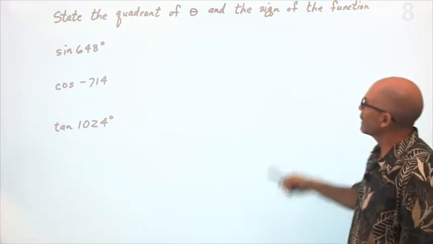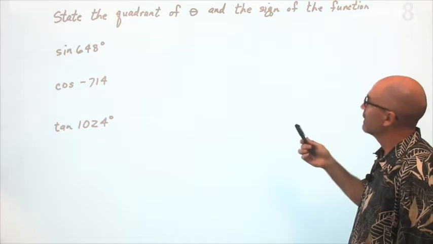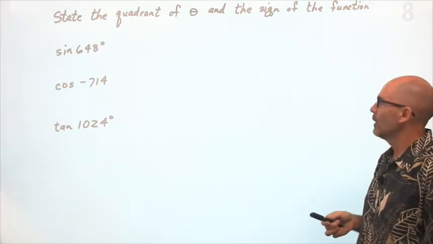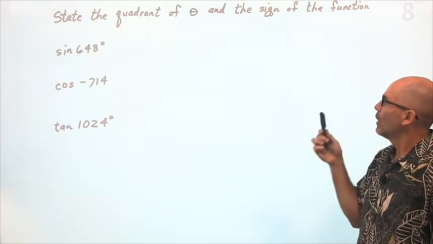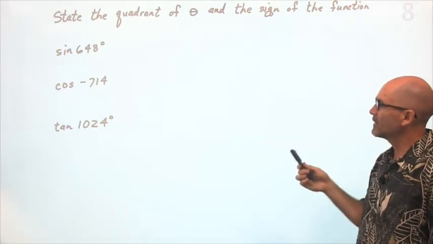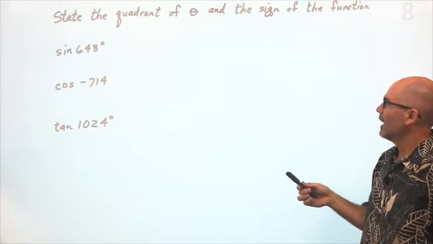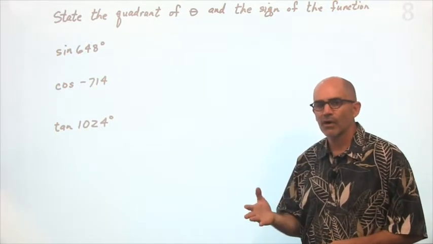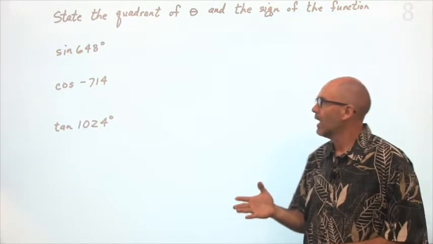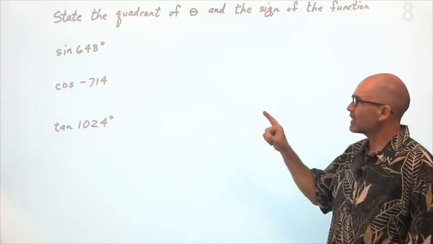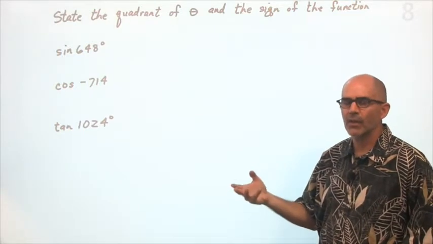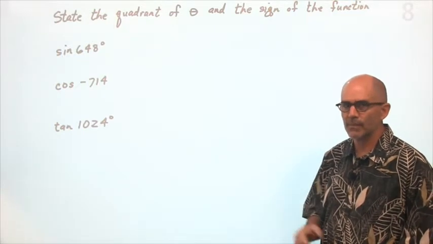We want to state the quadrant of theta and the sign of the function. So, we look at sine of 648. Now, 648 is more than 360. So if I subtract 360 from that, I have a coterminal angle that's going to be in the same location.